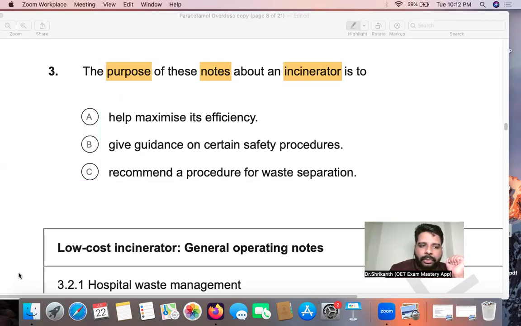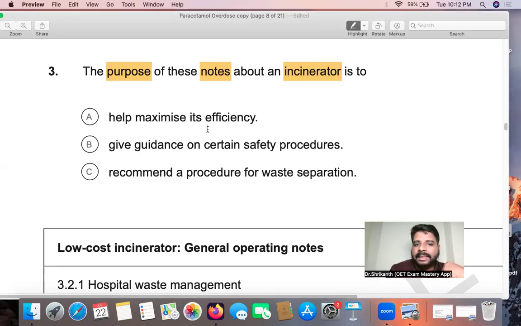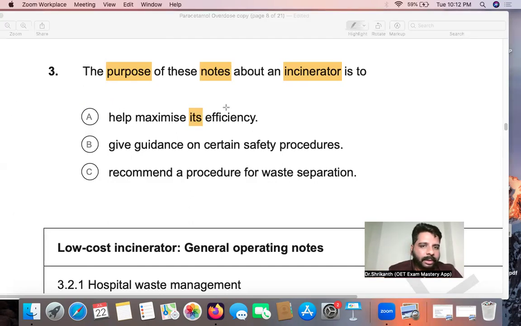Now let's do the keyword analysis of the first question over here. Let's do the very first question: help maximize its efficiency. Now over here, what is it referring to? In OET, you will very commonly come across these pronouns.